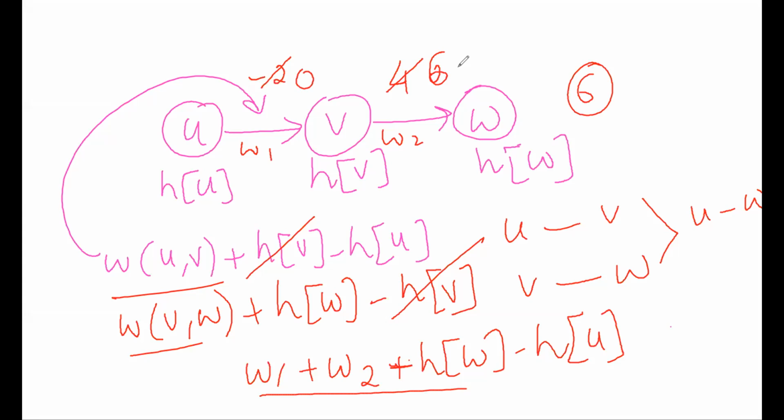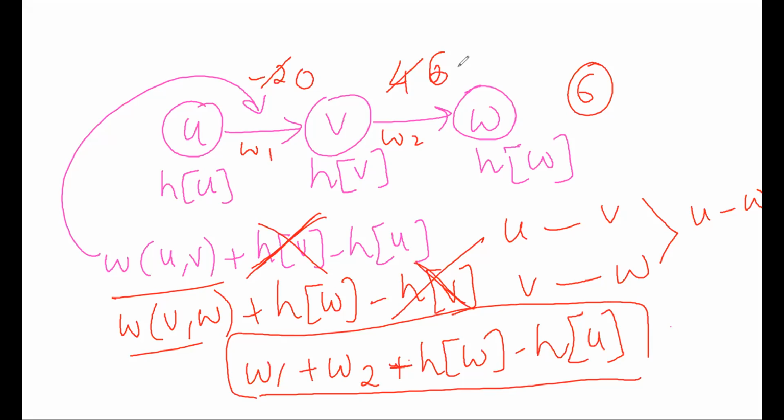Here, because of this formula, these intermediate ones are eliminated. So however long the chain is u, v, w, x, y, z, all the intermediate ones will be eliminated. So you'll only have the weight difference of the last node and the first node.